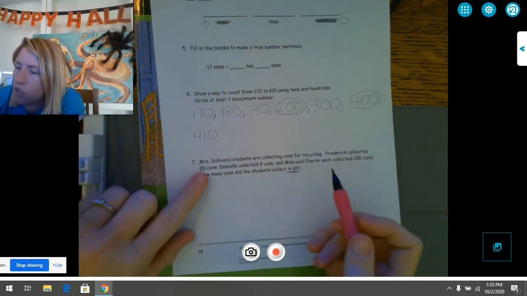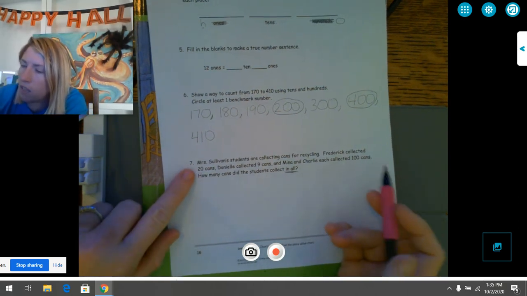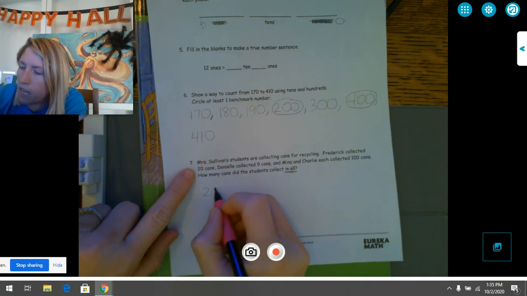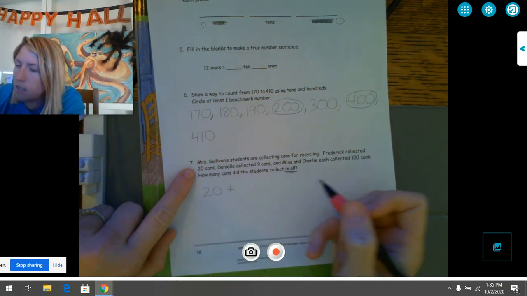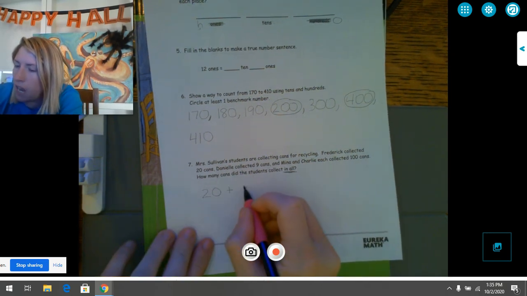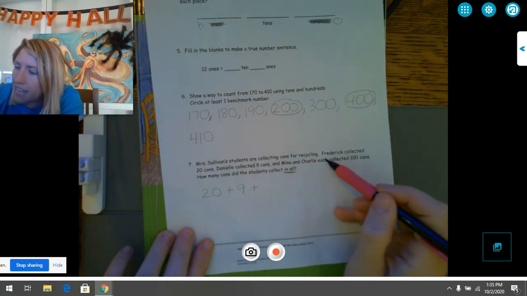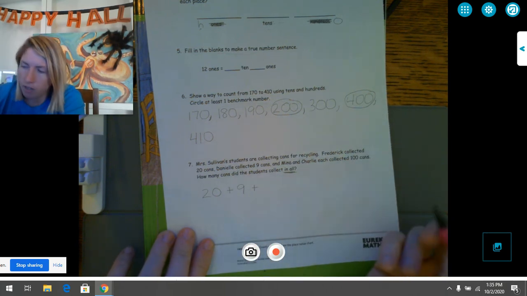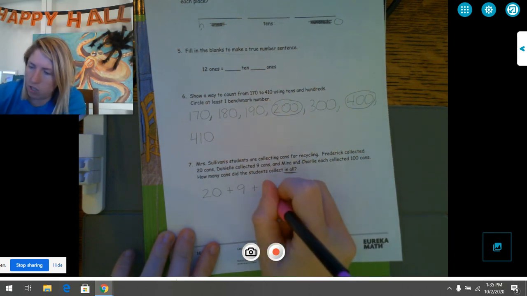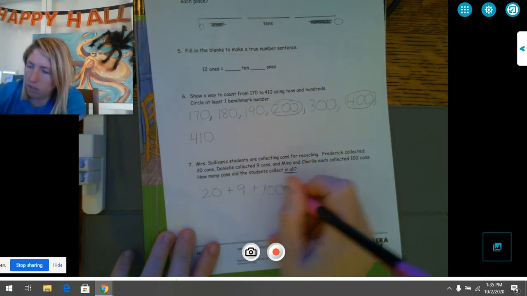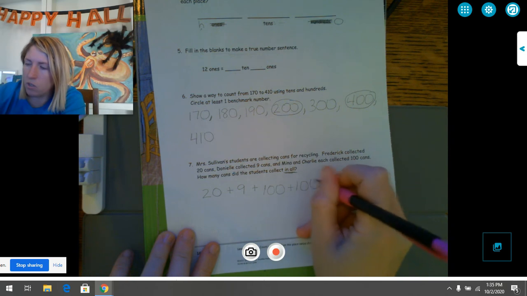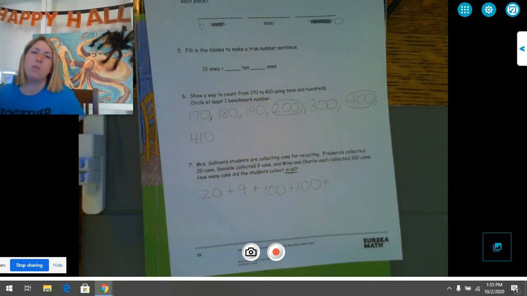So we would like to take all of the numbers of cans. We have Frederick's, which were 20, plus Danielle's that were 9, plus Minna and Charlie each collected 100. So Minna has 100 and Charlie has 100 also. Okay, so that is your addition problem.